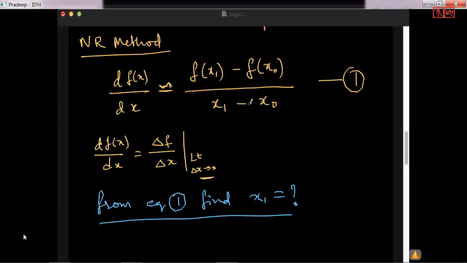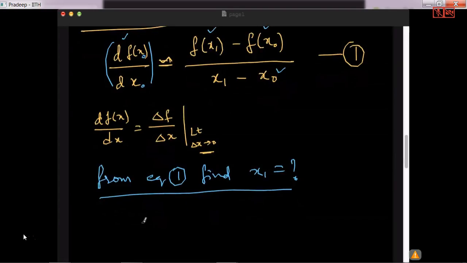This is again differentiated at x0. And f of x1 you can evaluate. Now what is f of x1? You know that at the solution point this will be 0. So this also you know. So this is known, this is known, this is known, and this is also known. Everything is known, only the unknown value is x1. So I can find x1.